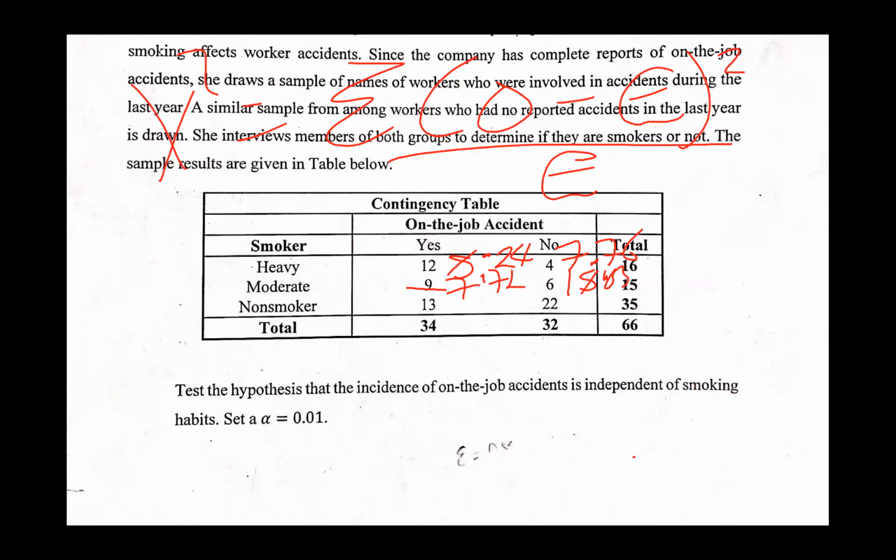So it's 18.03. Did you do 34 times 15 over 66? Yes, that's 7.72.